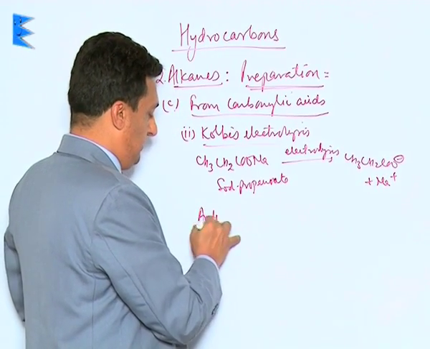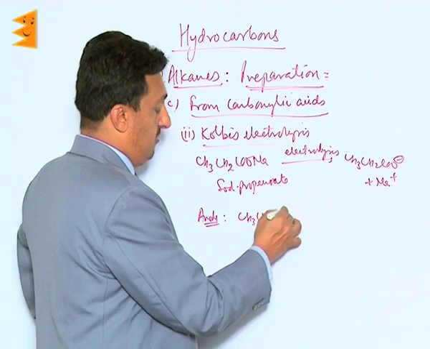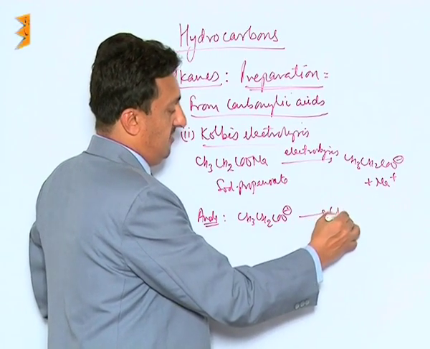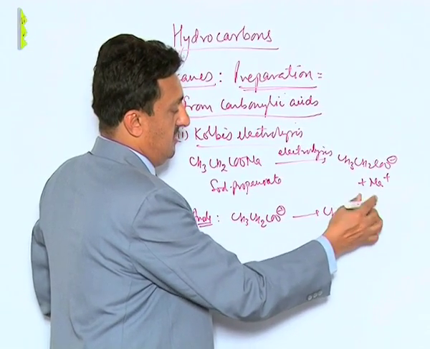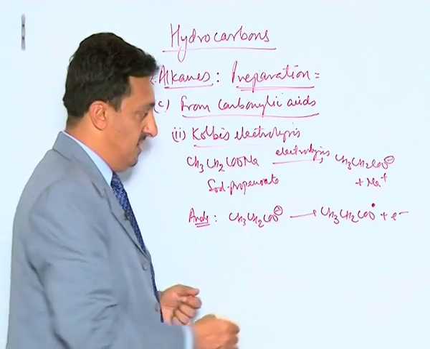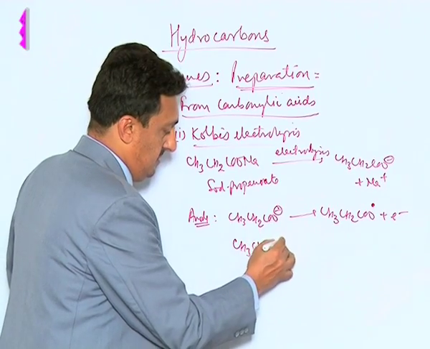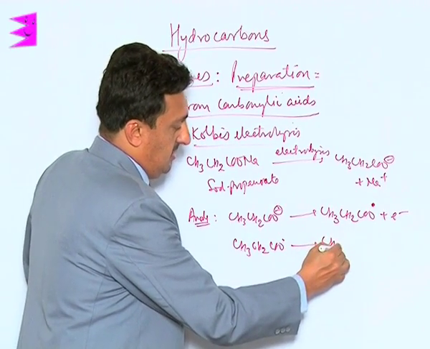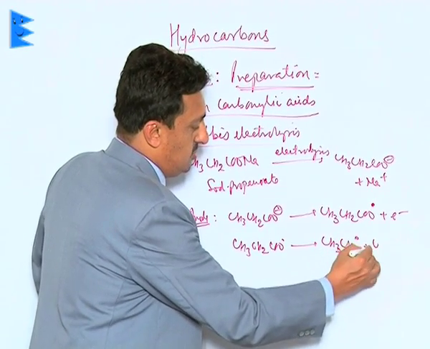Now at anode, this propanoate ion comes and gets oxidized to propanoate free radical, and it loses one electron. Now this propanoate free radical gets changed to ethyl radical, and it loses one CO2 molecule.